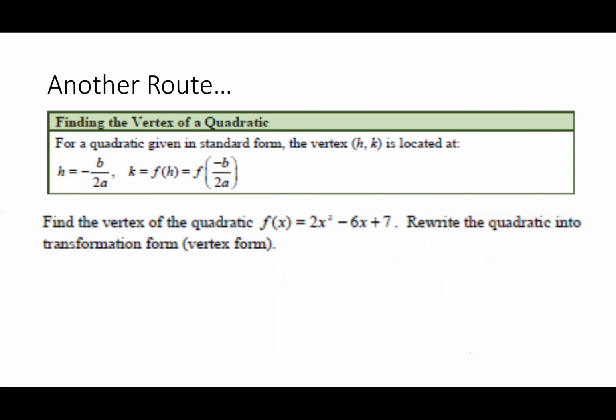So there's another way that we can find our information that will help us make the conversion from general to transformational form really quickly. So the thing I want you to keep in mind is this h value isn't just floating out in space. This h value is the x value of the vertex.